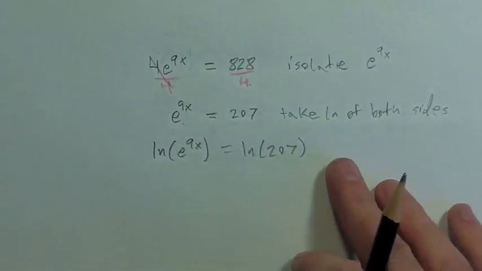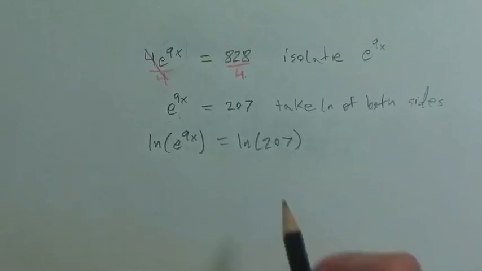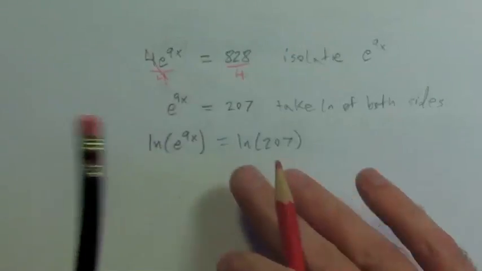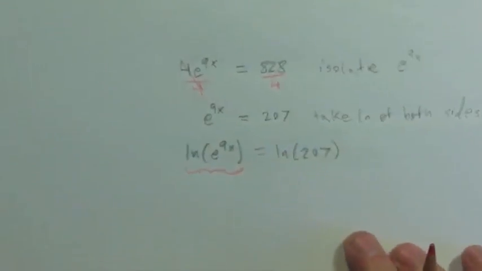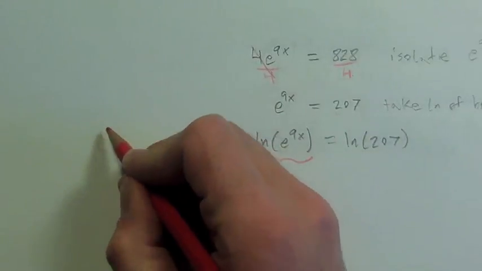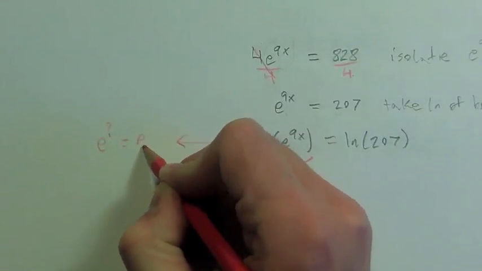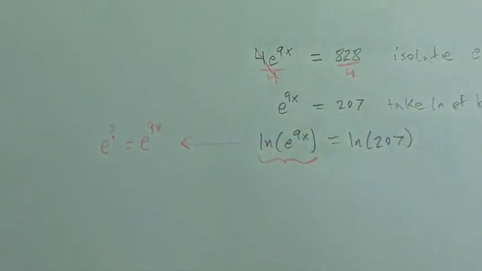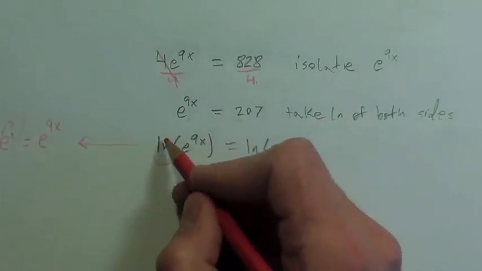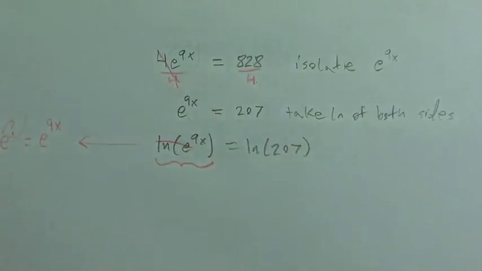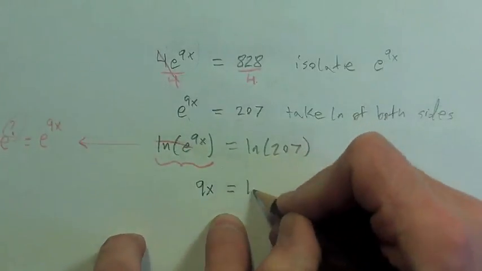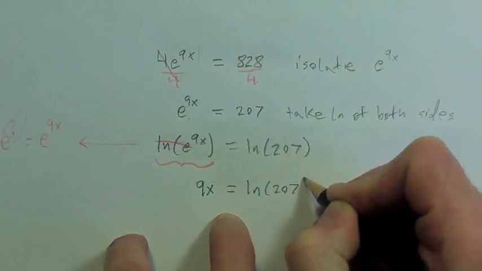Now here, ln of e to the 9x, remember this is going to simplify because of what the natural log asks. This asks, e to what power is equal to e to the 9x? Well, that question mark better be 9x. So ln and e, whenever they touch, they cancel. So this actually just comes out to be 9x is equal to ln of 207.